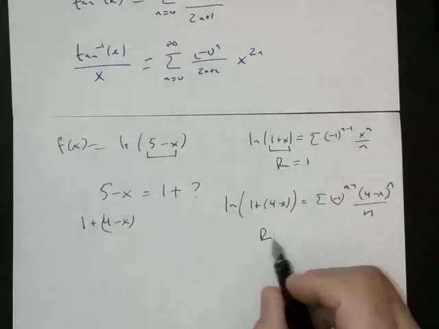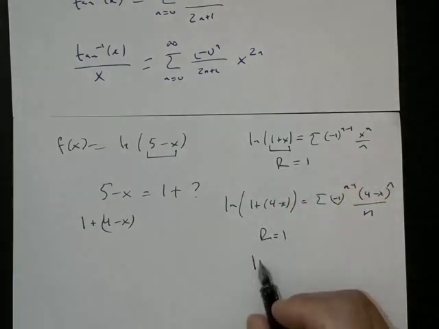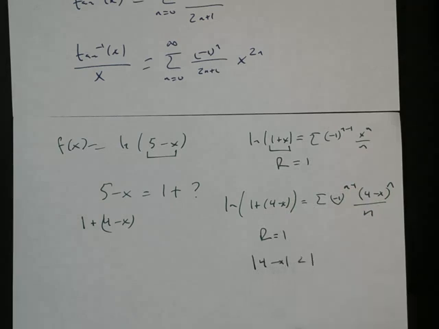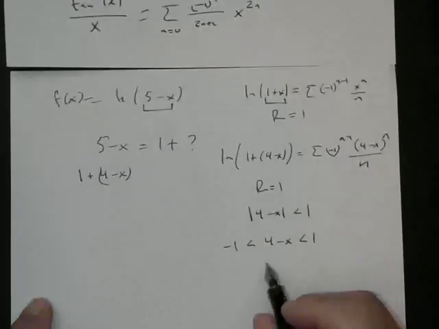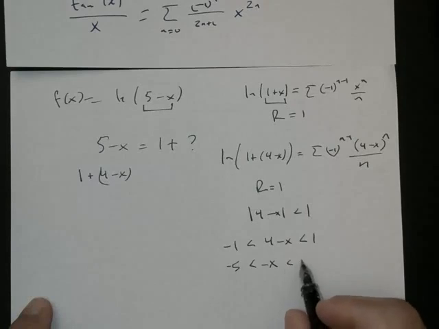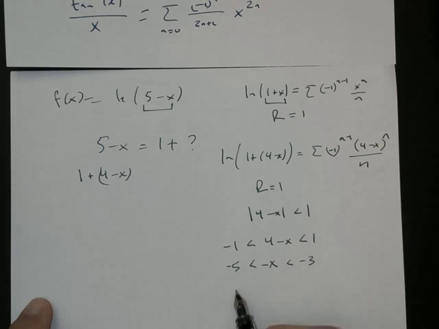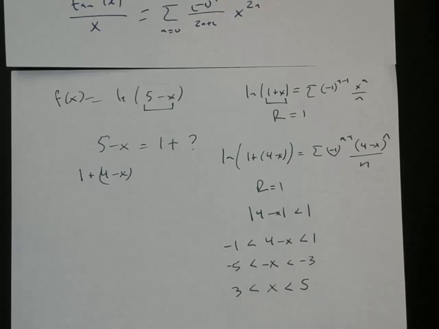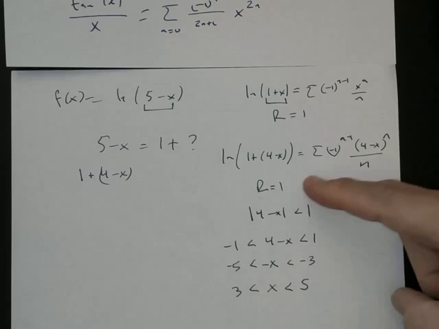So that means that |4 minus x| is less than 1. If I multiply through by a minus, I flip the direction. There's my interval of convergence. I would have to check the endpoints specifically, but since it just asked for the radius, it should be 1. I can do the ratio test to check.